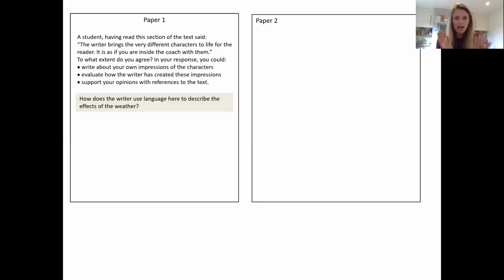Everyone's able to talk about a word and why a word has been used and the effect that word has. So please don't be sitting there thinking, oh no, this isn't for me because I'm just a grade 4. No such thing. Everybody is able to explain the use of a word or the purpose of a word and really get some good marks on that question.